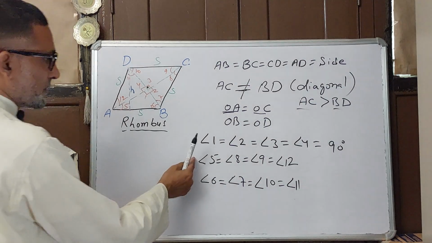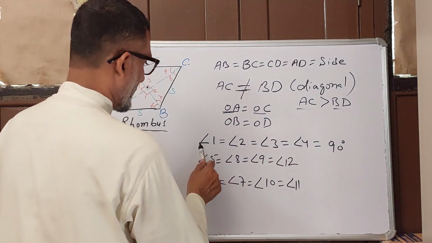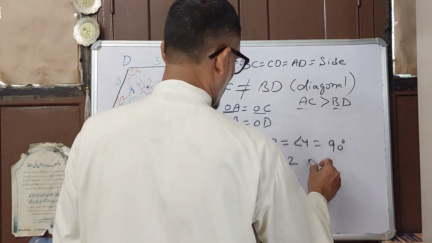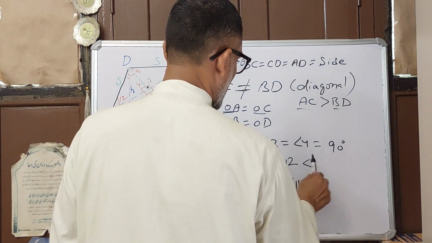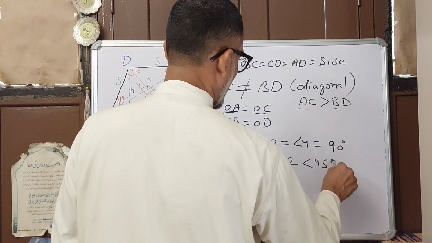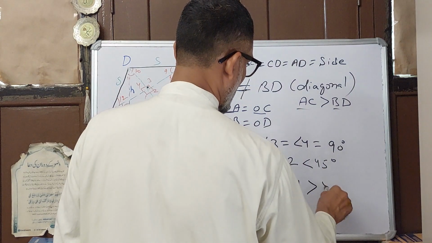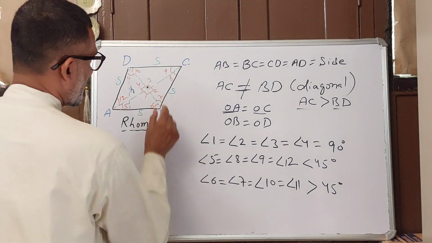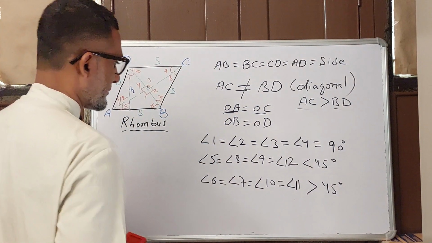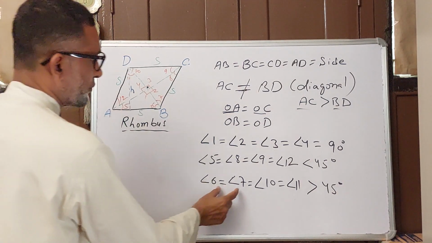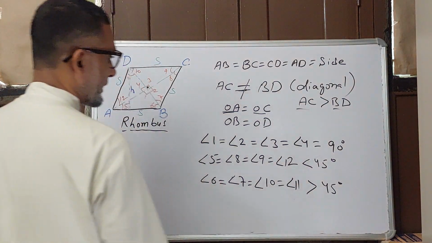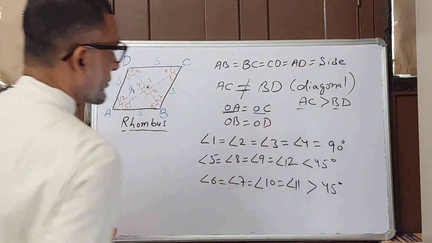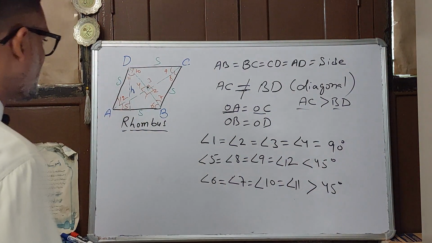In a square, both are equal to 45 degrees, but here it is not 45 degrees. It will be less than 45 degrees or greater than 45 degrees, because the total is always greater than 90 degrees, then its half. 6 and 7 are equal, and half, so its angle is always greater than 45 degrees, but always less than 90 degrees.